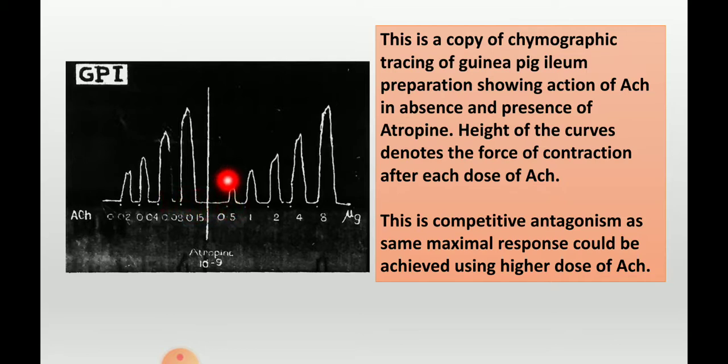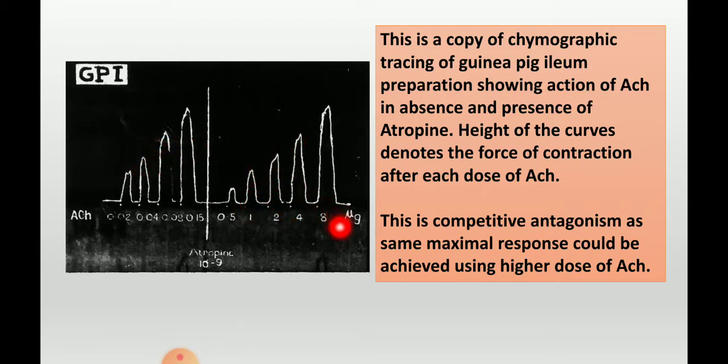Now here you see you are increasing the dose of acetylcholine, and gradually it is given in a much higher dose, 0.5, then 1. So at the level of 1 it is matching the initial level. Then when you are giving 2, it is matching the second level.